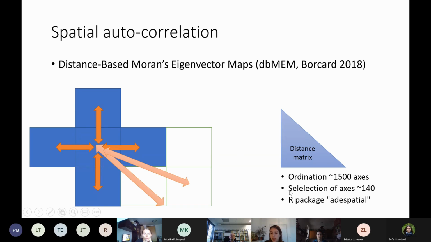So again, we did a selection of axes. For each one of the response variables, we wanted to know which spatial axes were leading the trends. So we ran this also in R, using the package for spatial analysis.